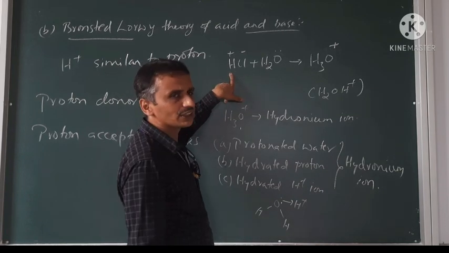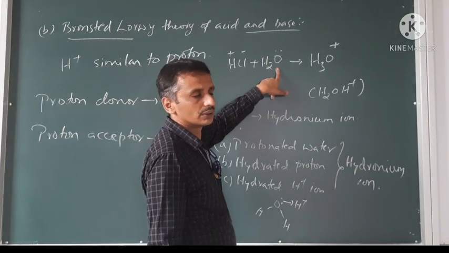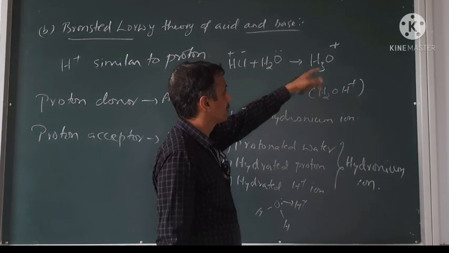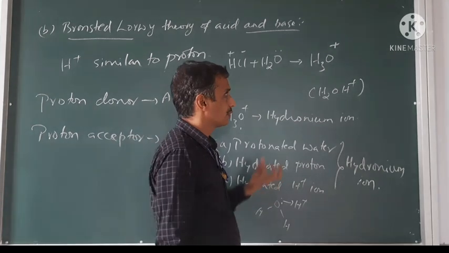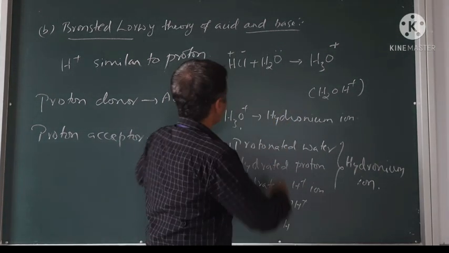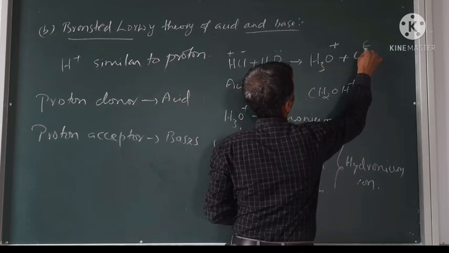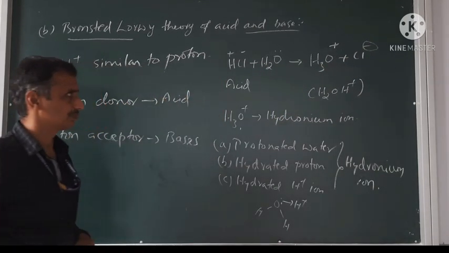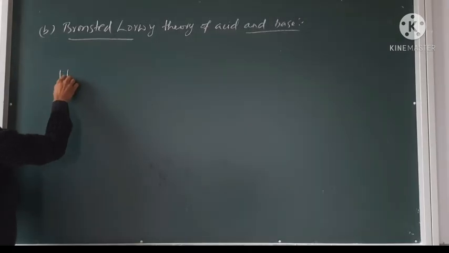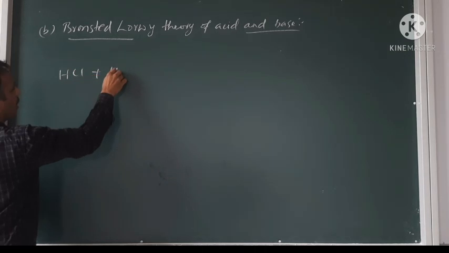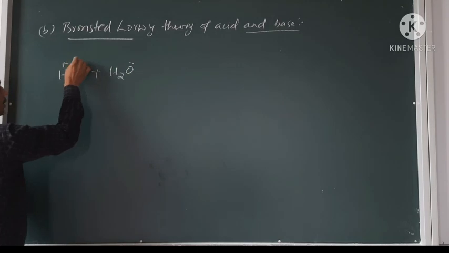Now see, what is happening here? H plus, which is similar to a proton, is donated to this water. And by the donation, this water has taken that H plus ion, which is similar to a proton. So proton is donated, so it is an acid, plus we get Cl minus. Example: HCl plus water gives H3O plus and Cl minus.